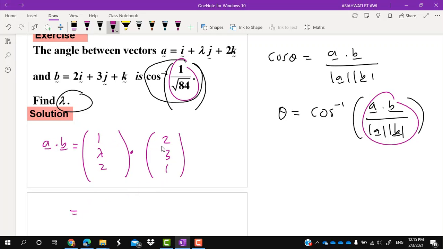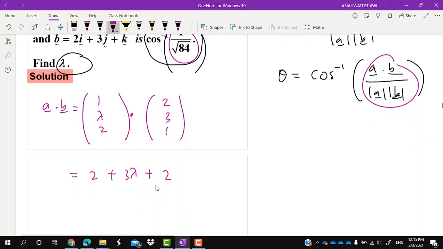Component i times component i, 1 times 2, 2, plus component j times component j, lambda times 3, 3 lambda, plus 2 times 1, component k, is equal to 2. This one is equal to 4 plus 3 lambda.